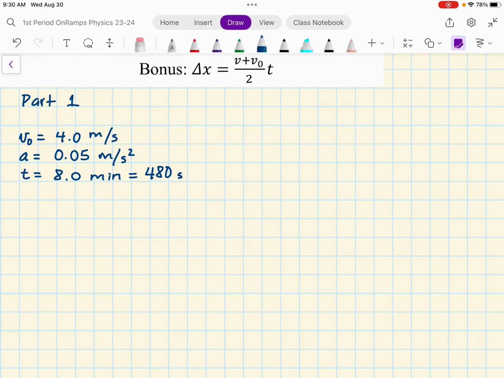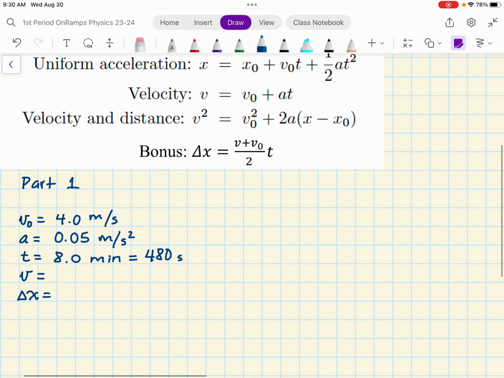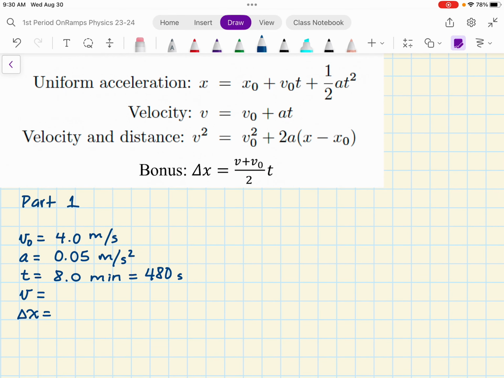Meaning we need to find the final velocity and displacement. So when you're going to select a kinematic equation, you need to have 3 known quantities. We have 3. And then you should be looking for a 4th one. Even if the one you're looking for is not on the left side, let's say it's on the right side, it's okay.